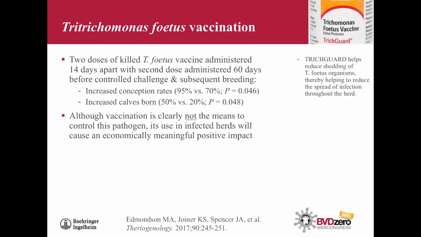As you see here on the slide, 2 doses of a killed Trichomonas fetus vaccine administered 14 days apart, with a second dose administered 60 days prior to a very rigorous controlled challenge inoculation of these individual heifers with this organism and subsequent breeding, increased the conception rates from 70% to 95%, and also increased the calving rate such that we saw a 50% calf crop in the vaccinated group, a 20% calf crop in the non-vaccinated group.